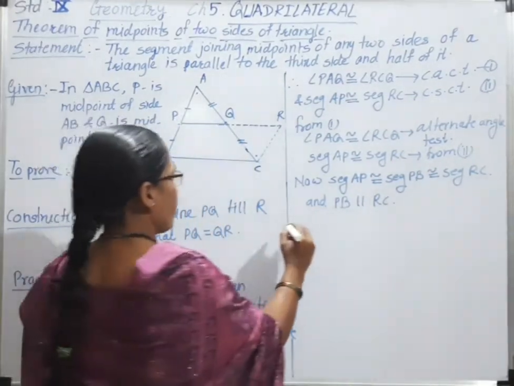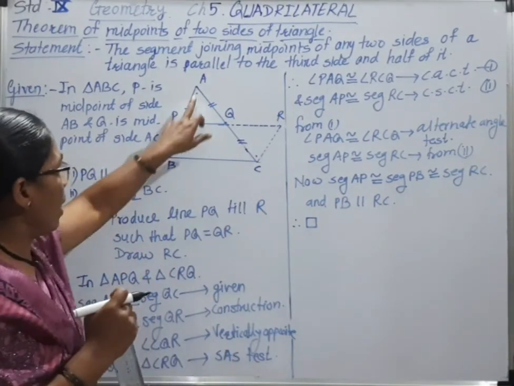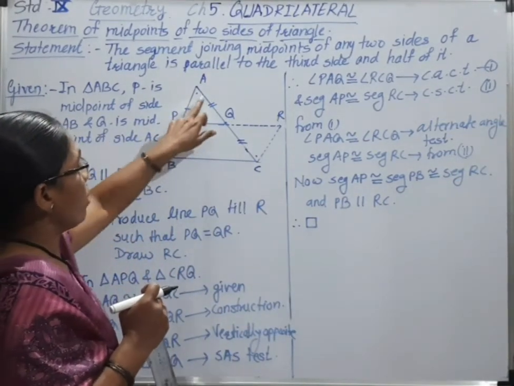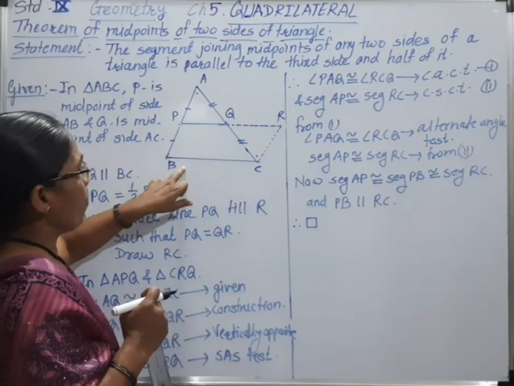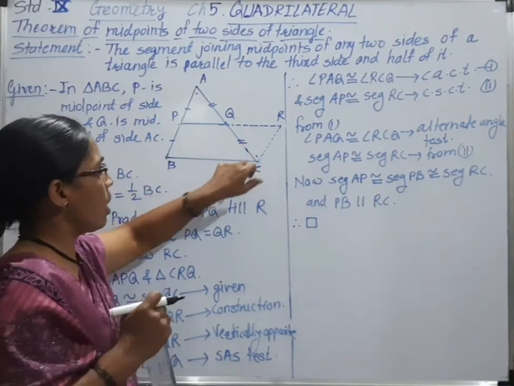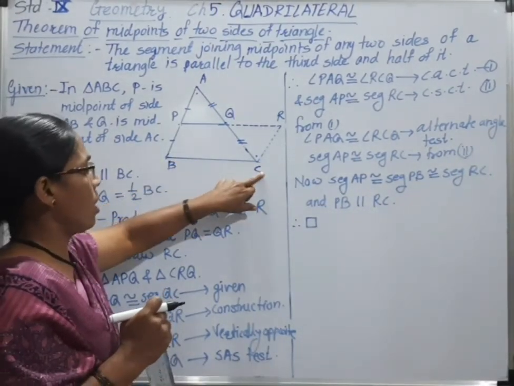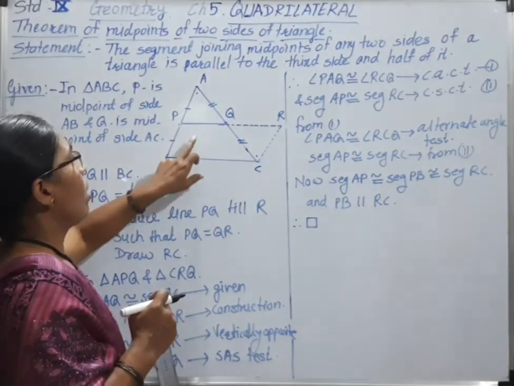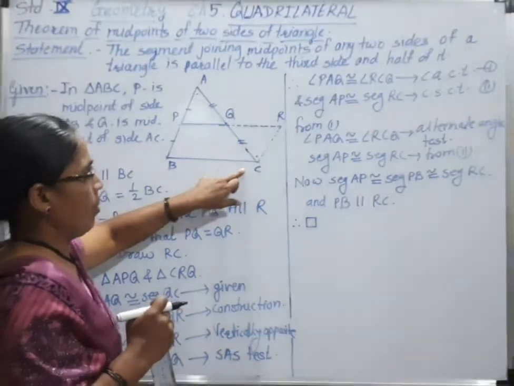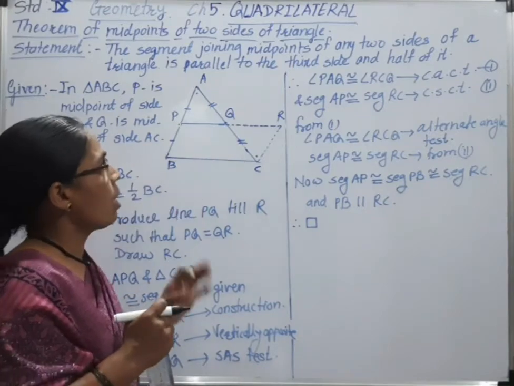Therefore quadrilateral. Now see here. Segment AP is congruent to PB, and it is also congruent to RC. Means here we got PB is congruent to RC, and PB is parallel to RC, and therefore here we are getting this PBCR is a quadrilateral.